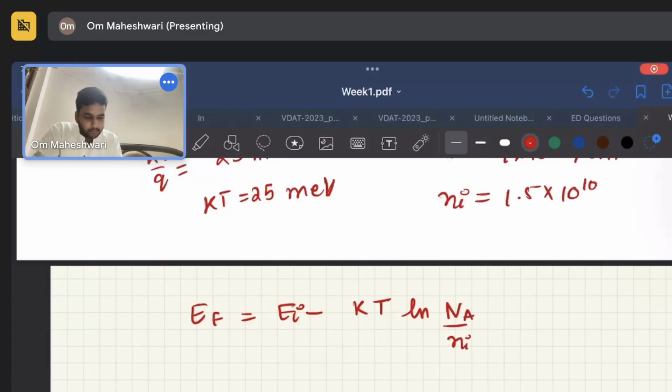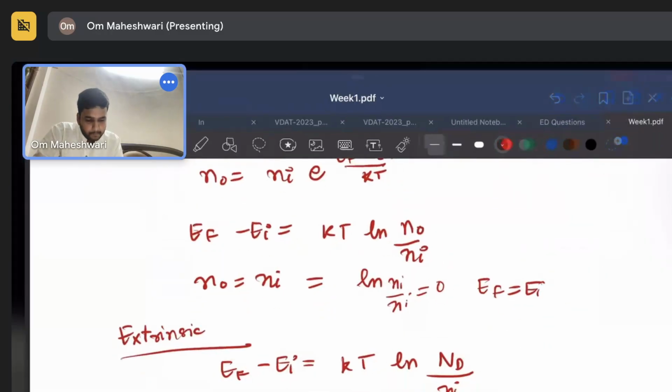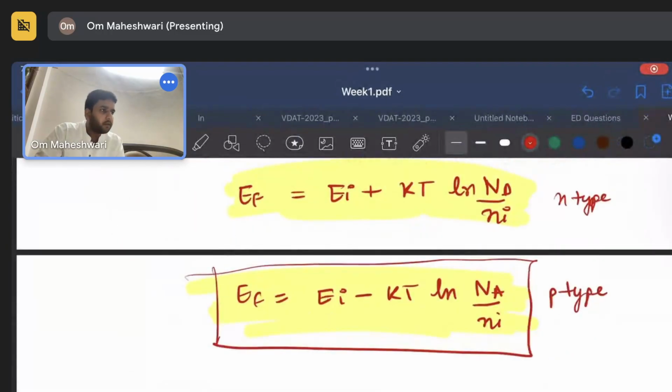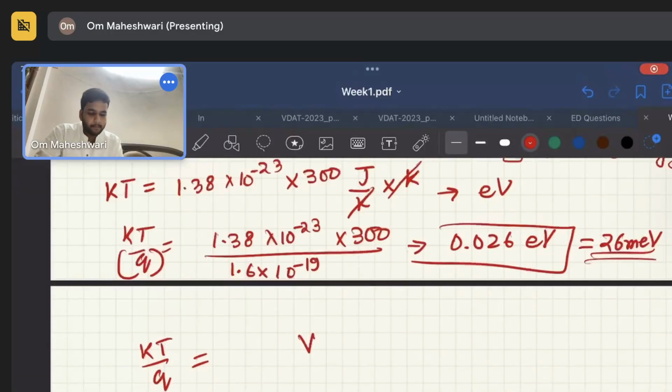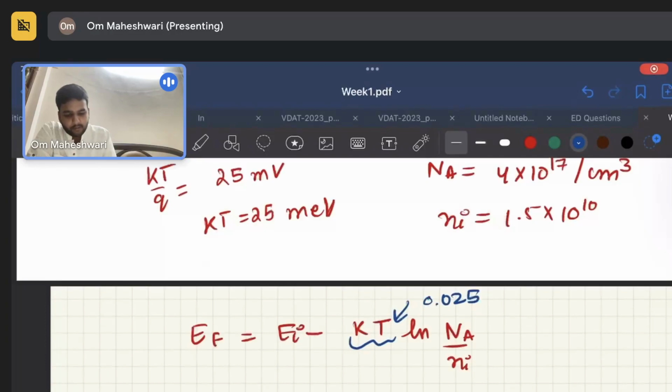This is the relation. Here you can directly replace KT by 0.025. Here it is given as 25, so we'll use 25.